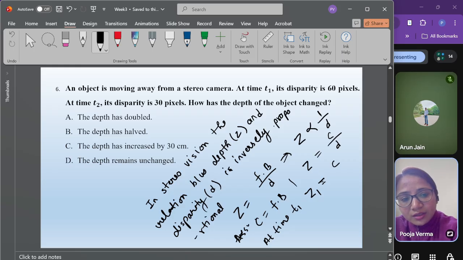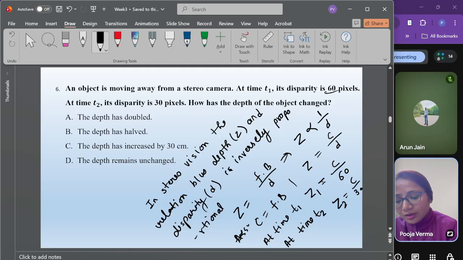So we just need to check the depth and disparity equation only. By that time the disparity is 60 pixels, right? And at time t2, it's z2, with 30 pixels, right?